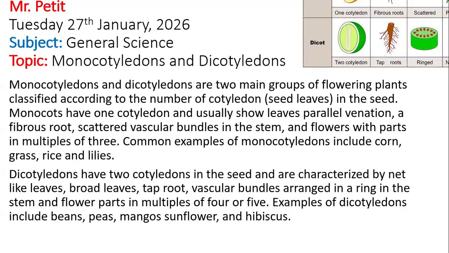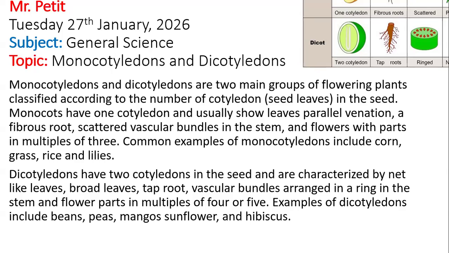Basically all we did was talk about how we have two main groups of flowering plants. What are the two main groups that we talked about? Monocots and dicots. Very good. About the dicots, what sort of leaves do they have?